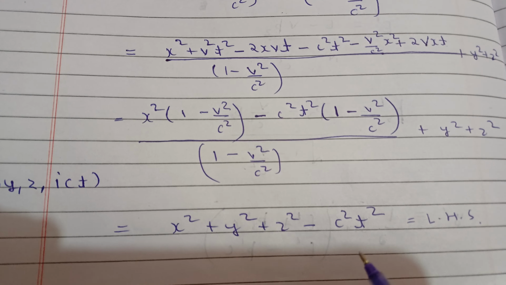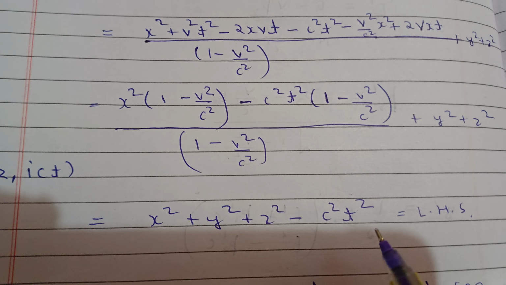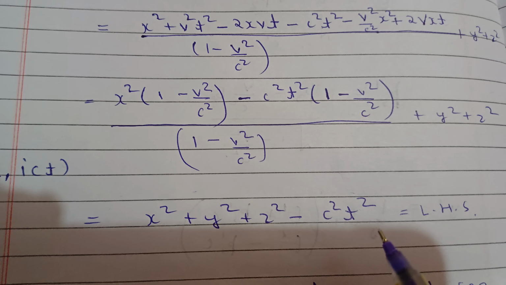So what is the role of this equation actually? We are going to study about it in the next lecture. That is Minkowski space. You may have heard about it.